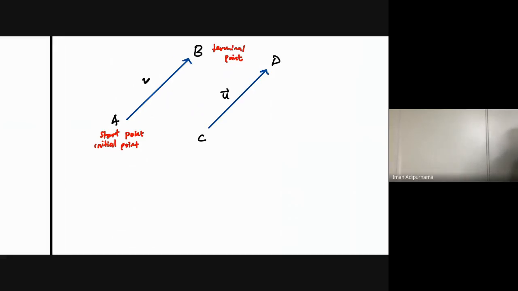And imagine if this is equal in length for this U and V. We can also say that U and V are equal or equivalent because they have different starting points, but the length is the same.